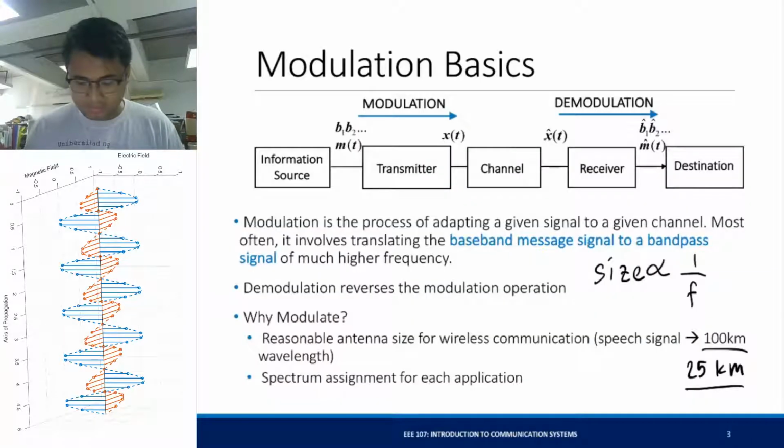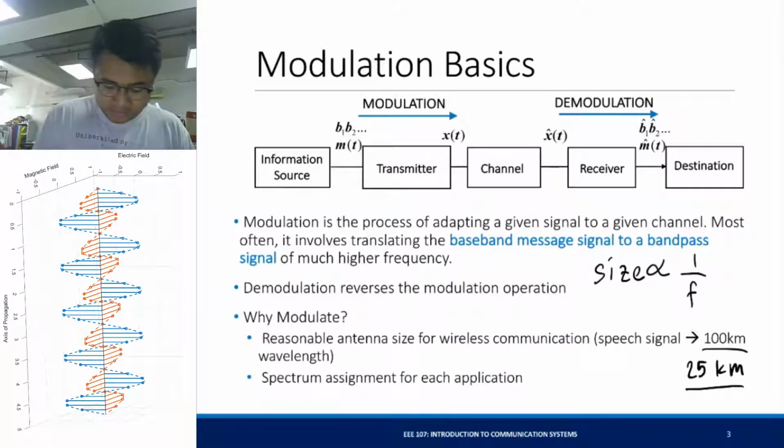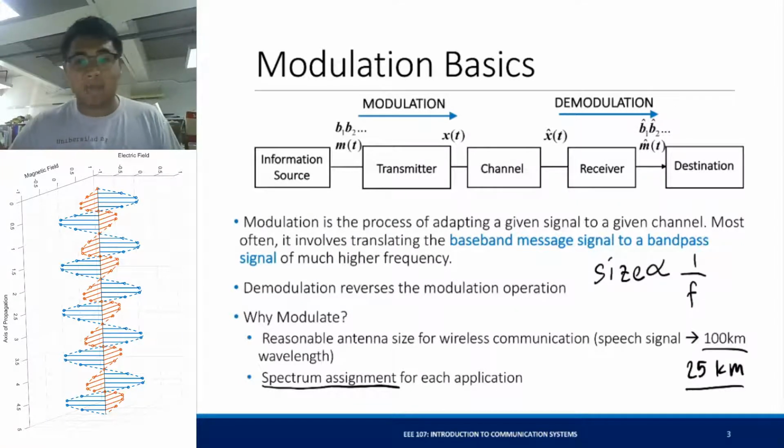Okay? So that's another purpose of using modulation. Even if we're using the same line, we can transmit different data. We can transmit speech and internet data at the same time. Okay, there you go. So aside from reasonable antenna length, we can also assign spectrum for different applications.